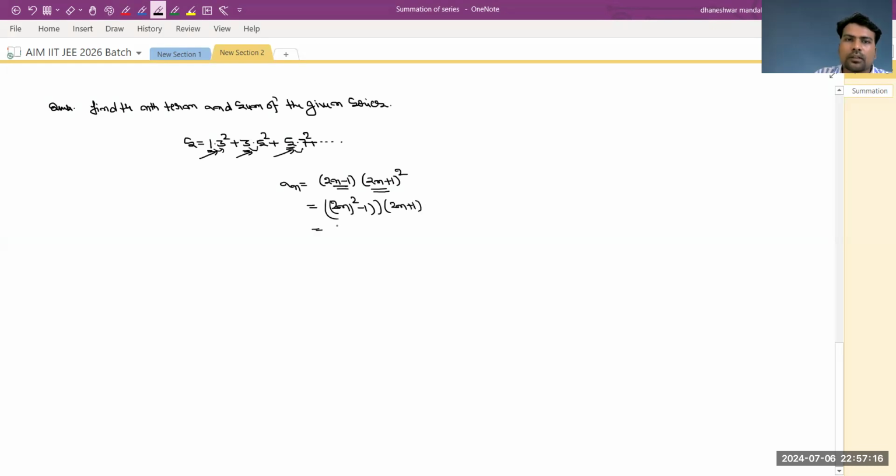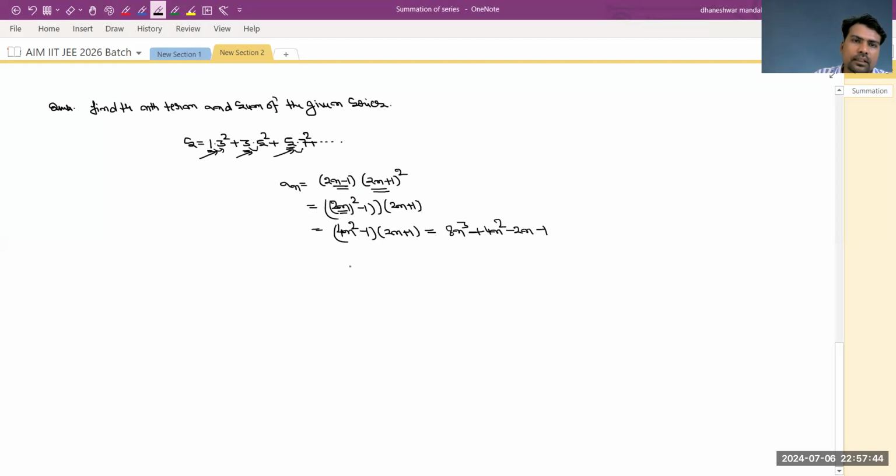From here, (2n) whole square means 4n square. If I multiply these two terms, then 8n cube plus 4n square minus 2n minus 1.